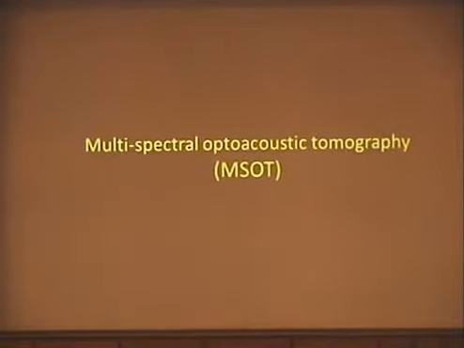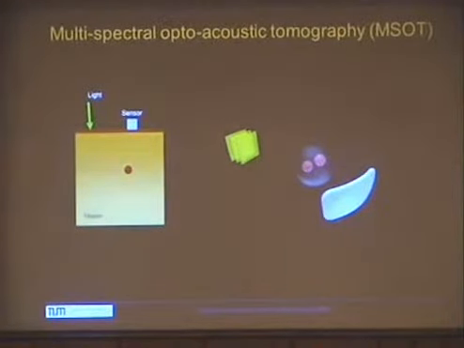And here comes this method that we're developing. It's called multispectral optoacoustic tomography, and it can revolutionize the way optical imaging is done. Because what it does is it shoots light into the tissue in nanosecond pulses, very fast pulses. The light propagates into the tissue and gets absorbed by absorbers, like fluorochromes, like hemoglobin, like melanin. And here something very interesting happens.